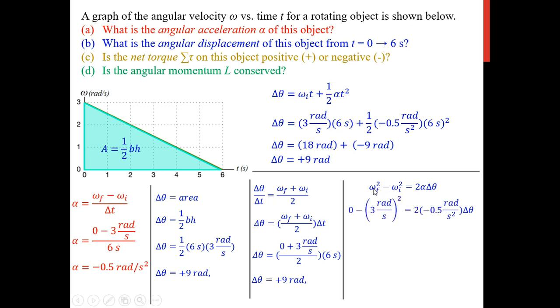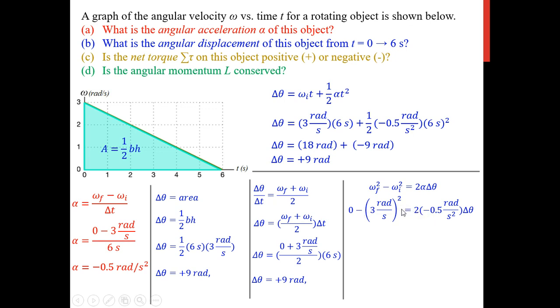Angular velocity in the final frame at 6 seconds is 0, so I put a 0 there. I'm not going to worry about squaring it because 0 squared is 0. Then the initial angular speed, which is 3, is there. I've carried that negative sign down in front of the omega i there because that's part of the function. Don't forget to carry it down. Often it's left out, and then you'll get an opposite answer.